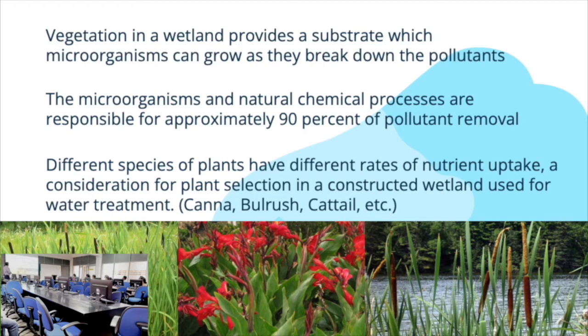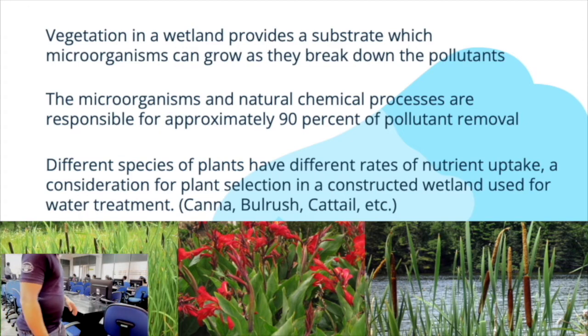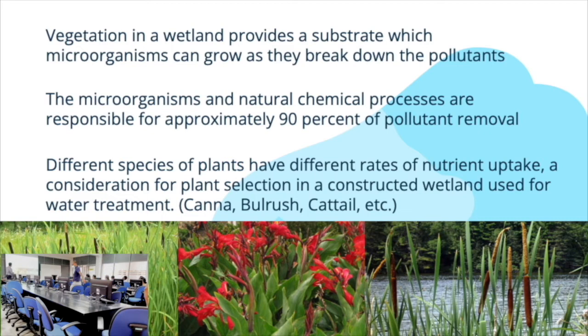These microorganisms and natural chemical processes are responsible for approximately 90% of the pollutant removal. We can use different species of plants according to our requirement for nutrient uptake. Cane, bulrush, cattail, very naturally growing plants, are used for wetlands.